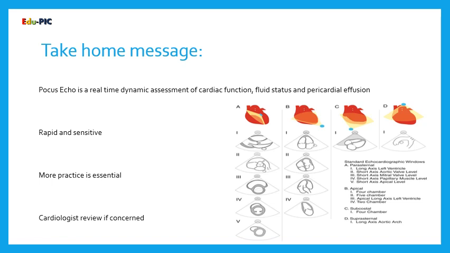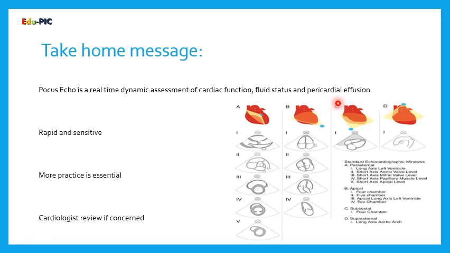So finally, POCUS echocardiogram provides us with a real-time dynamic assessment of cardiac function. It can give us an idea about the ejection fraction, fractional shortening, eyeballing of the cardiac function, response to treatment, and also fluid status, pericardial effusion, and if there are any signs of cardiac tamponade.